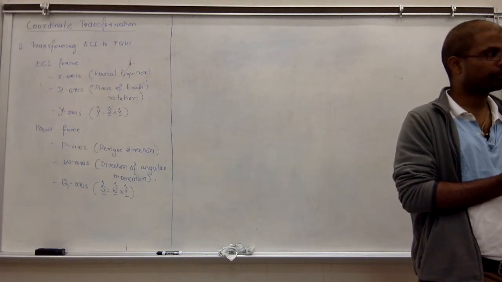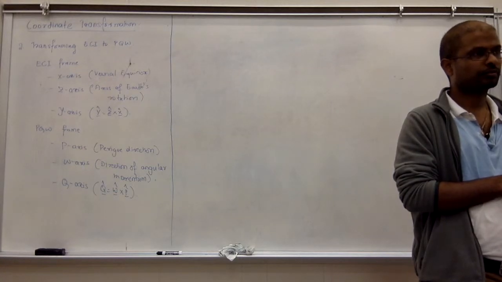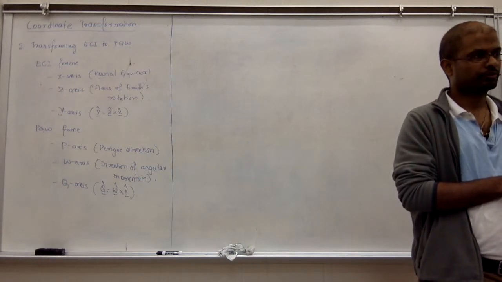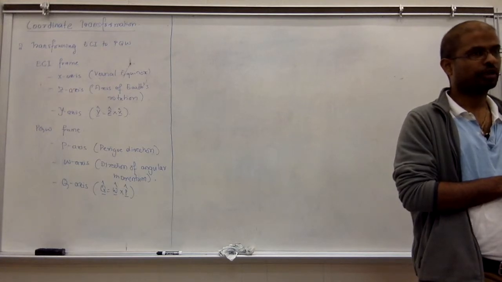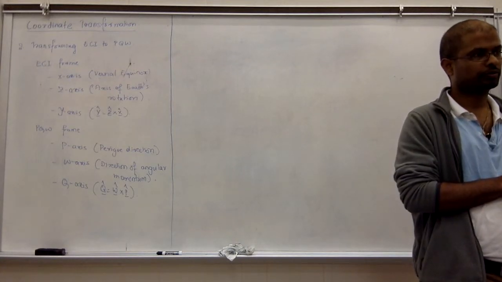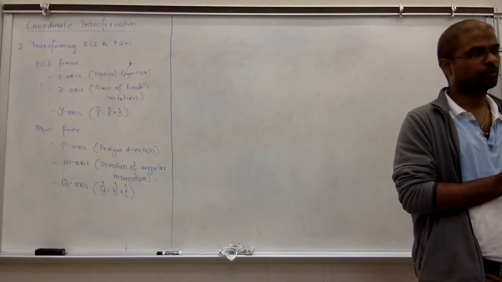Similarly, how do you define orientation? Direction. That will again be with reference to a coordinate system. You understand? Orientation and position are always with reference to something. Position is with respect to the origin, from one point to another.